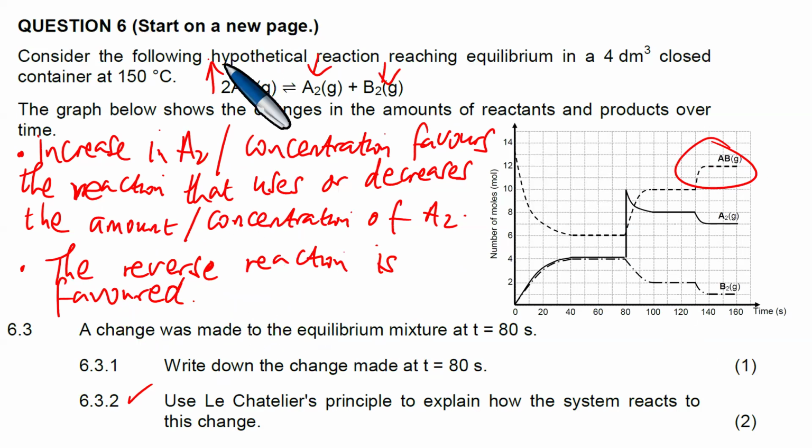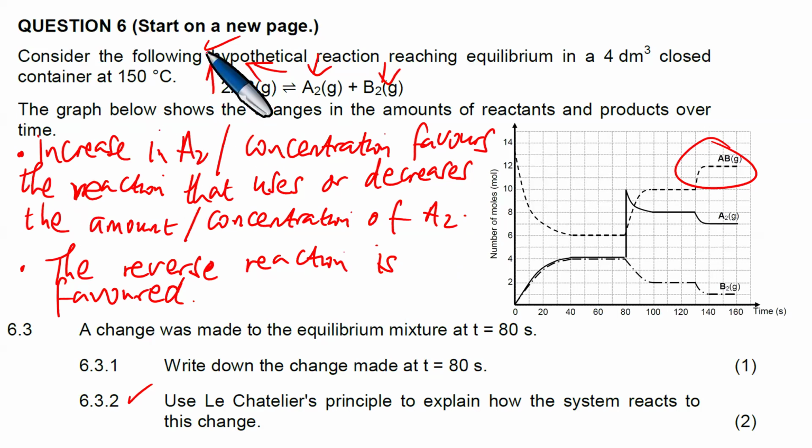You can see the reverse reaction was favored because suddenly there was an increase in the reactant. An increase in the concentration of A2 favors the reaction that uses or decreases the amount of A2. Which reaction would decrease the amount of A2? It's the reverse reaction.